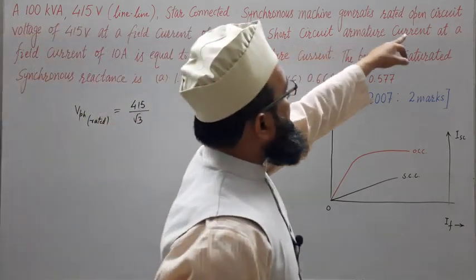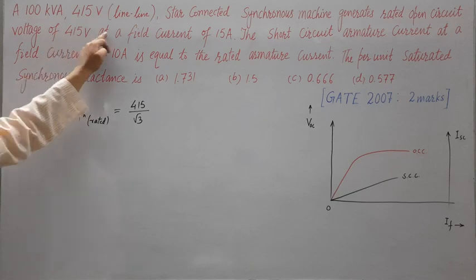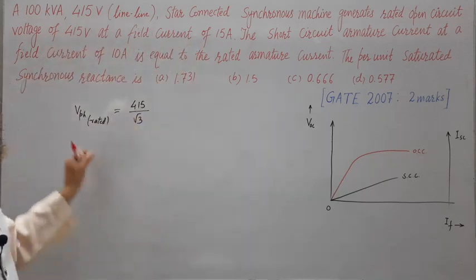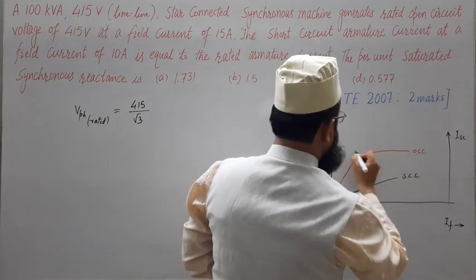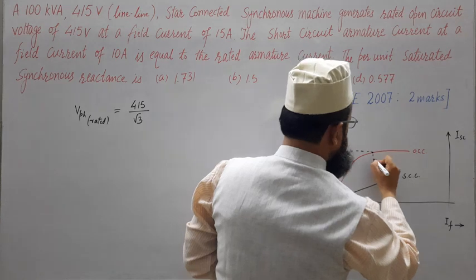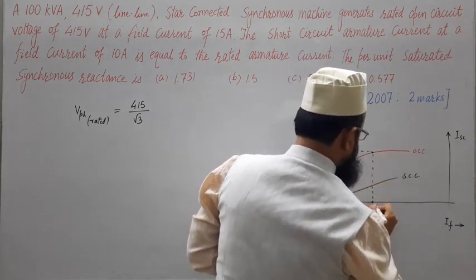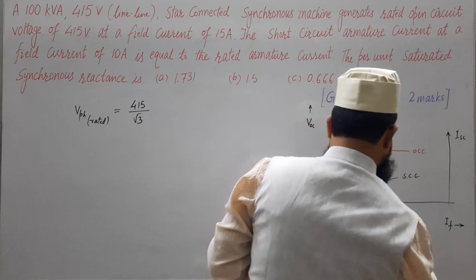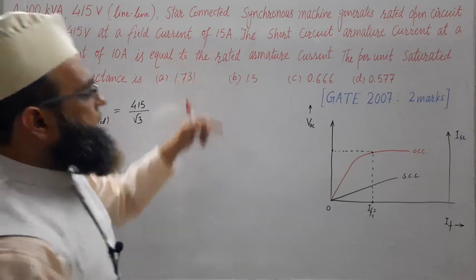The machine generates rated open circuit voltage, that is line voltage, at a field current of 15 ampere. So whatever rated voltage is there, that is obtained, let us take this as the rated one. This is obtained at a field current, mark it IF1, equal to 15 ampere.